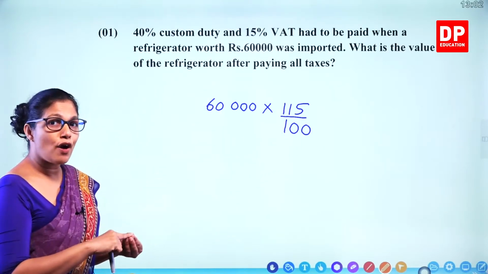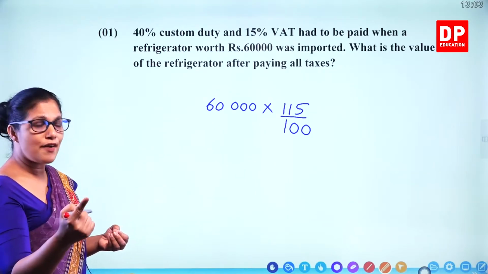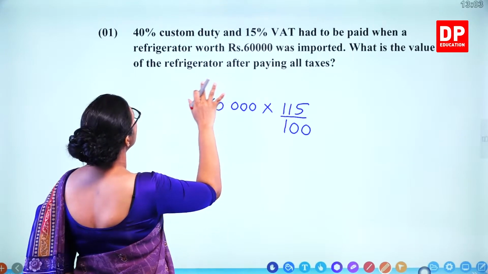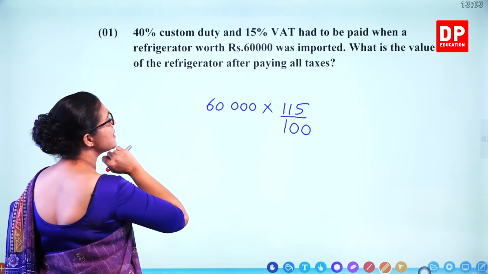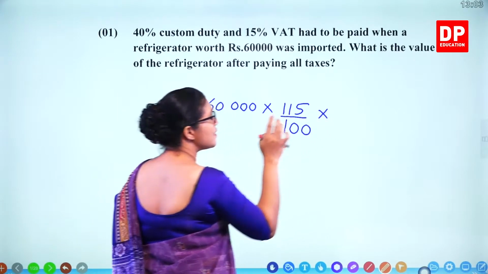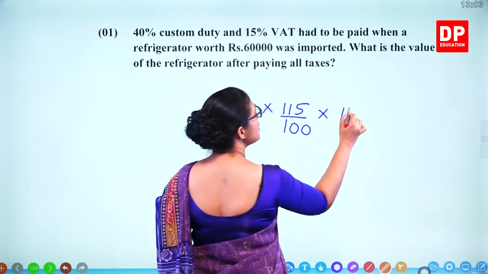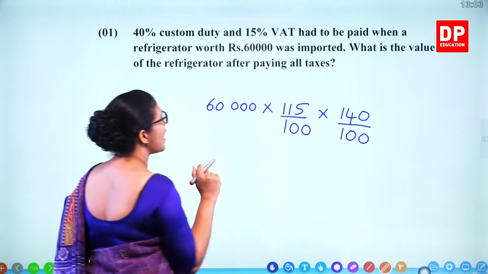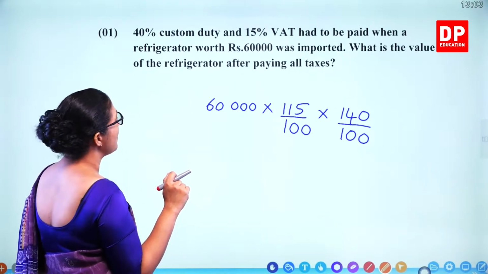Because if you buy for 100 with 15% tax, it becomes 115. Then again, custom duty 40%. So if it's 100, you have to pay 140. So 140 over 100. So with all these taxes, you can find the amount that you have to pay.